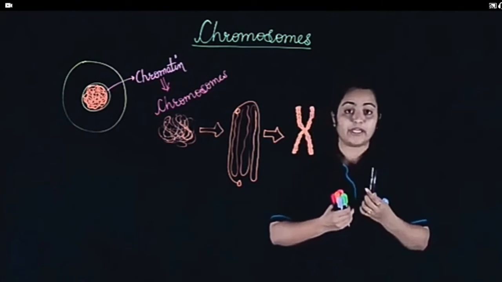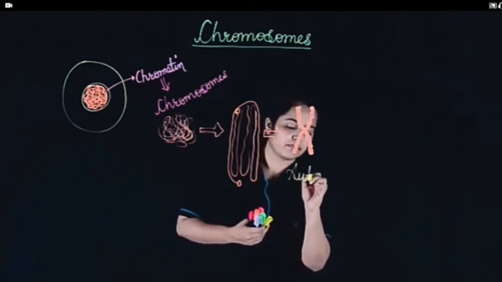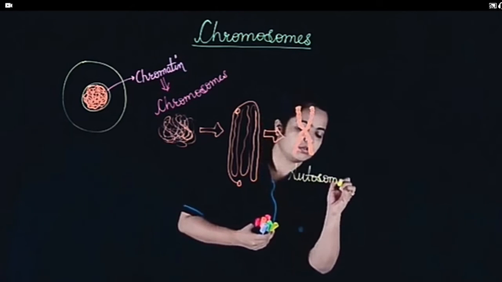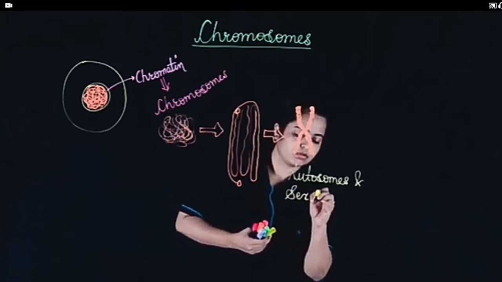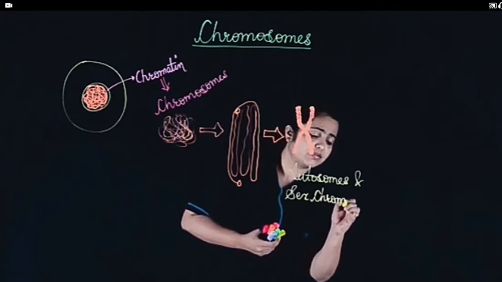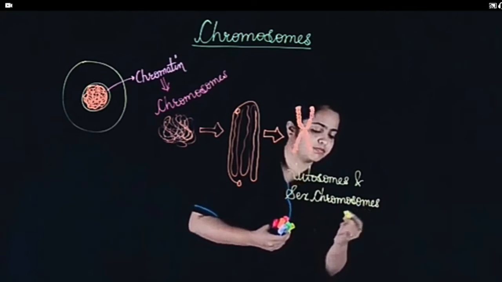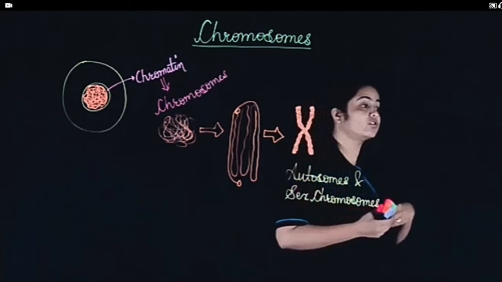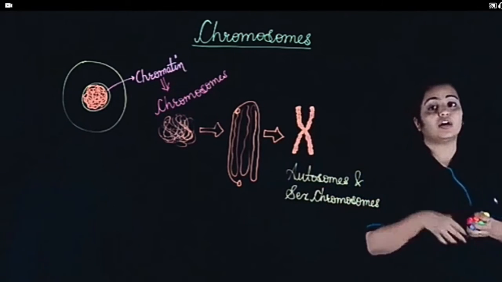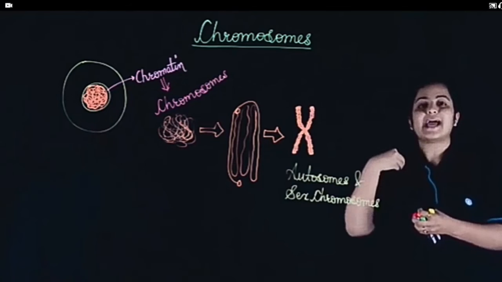Yes, a division in your body where you have something called autosomes and sex chromosomes. Now what could these be? Basically, when you say autosomes, that means the chromosomes which are responsible for giving your body its characteristics.